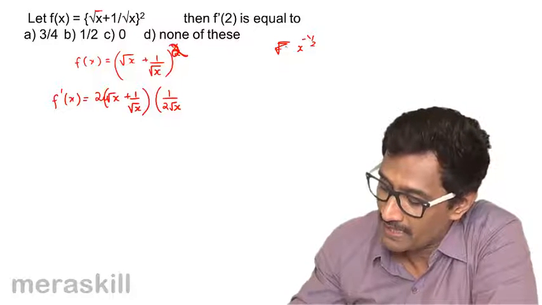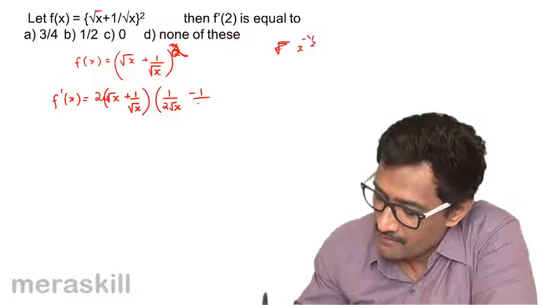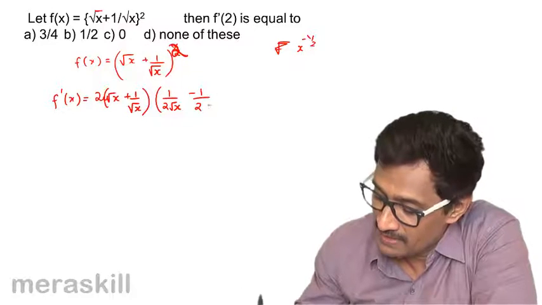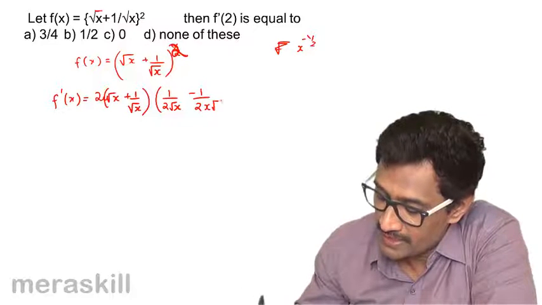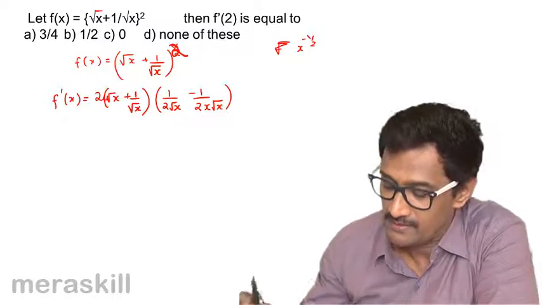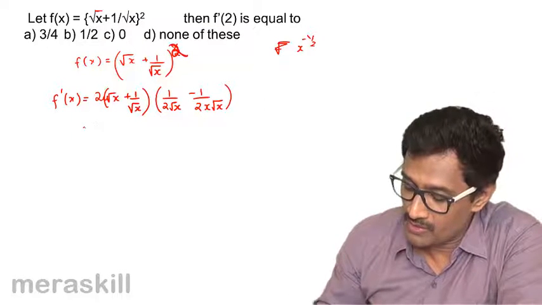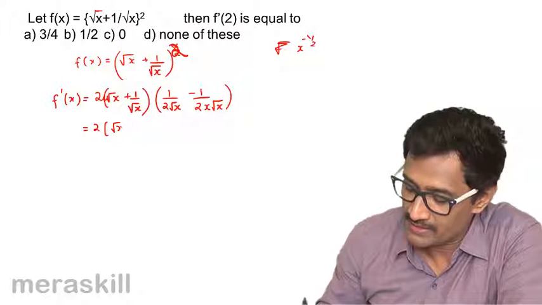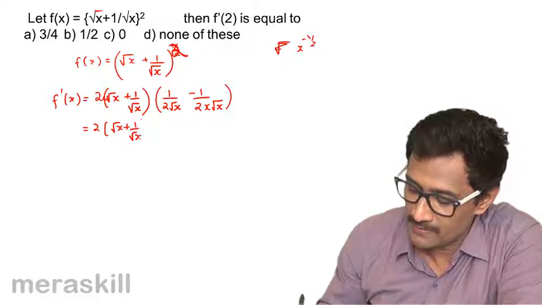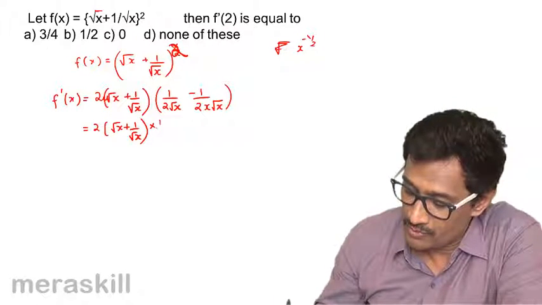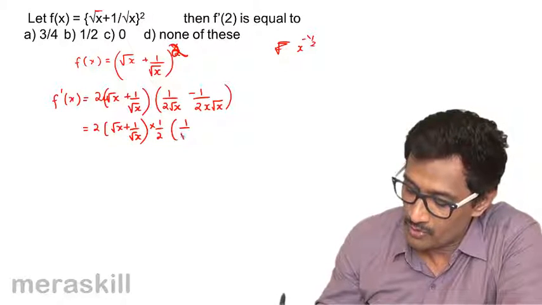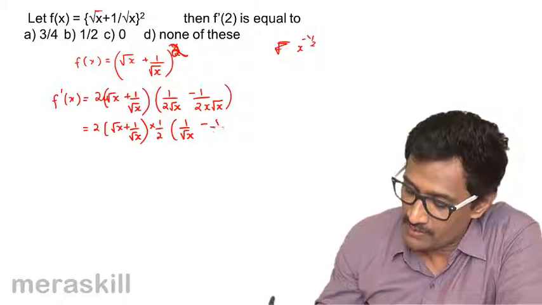So it's going to be minus half x raised to minus 3 by 2, which is minus 1 upon 2 x root x. Now if you take out 2 common outside, you can write it as 2 into root x plus 1 by root x into half into 1 upon root x minus 1 upon x root x. So you cancel away this.